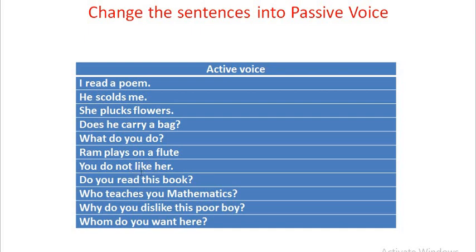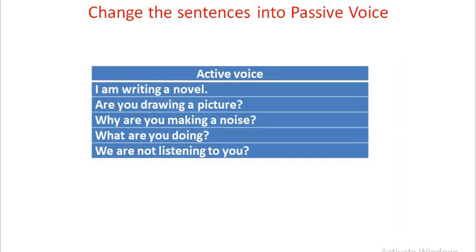You do not like her. Negative sentence. Do you read this book? Again interrogative questions. Who teaches you mathematics? Interrogative. So you can see how interrogative sentences are made in simple present tense. These are also examples. So you can go through these also and try to write sentences in the same form.